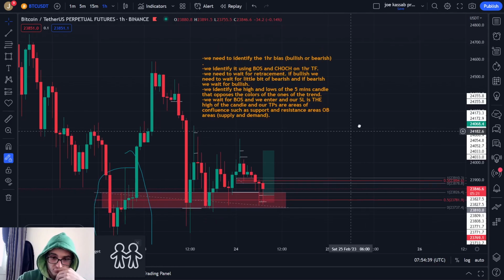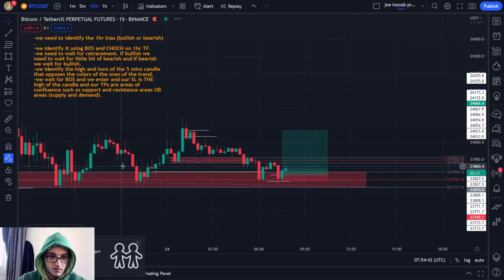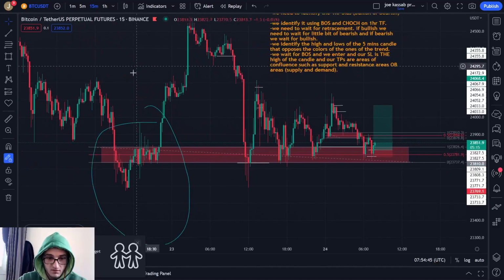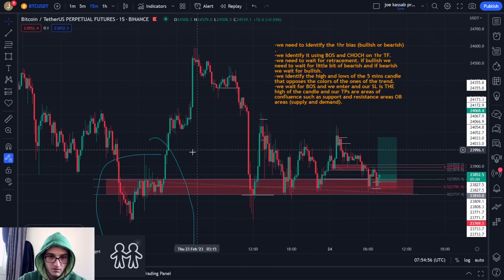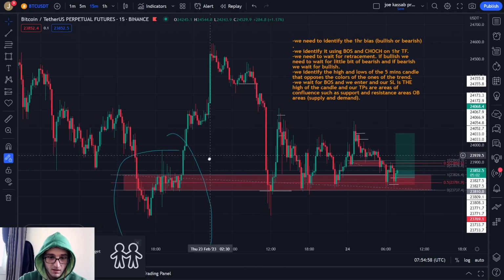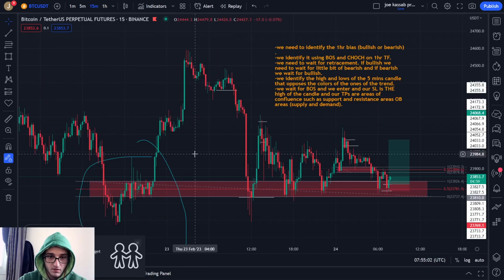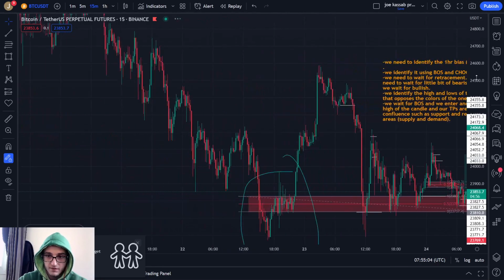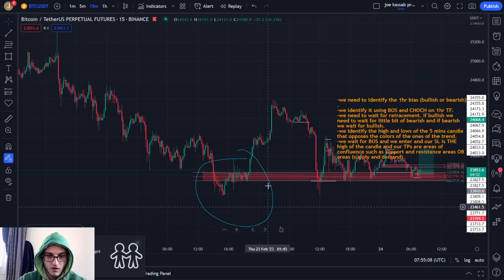So you can see this is a 15 minutes or even 5 minutes order block. If you go to 5 minutes, this is an order block, a demand zone that made the price push up.